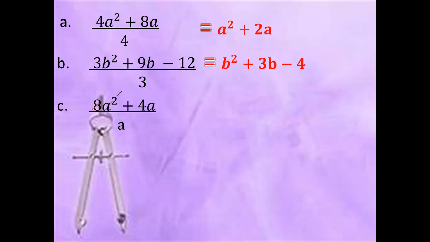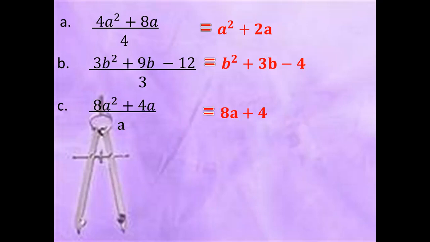So this is 1. And then 4a divided by a is, all right, 4. So what remains? You have here 8 and a, plus 4. Okay, so letter C, 8a plus 4.